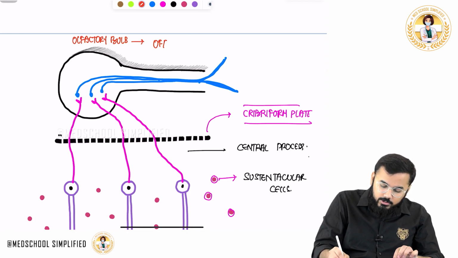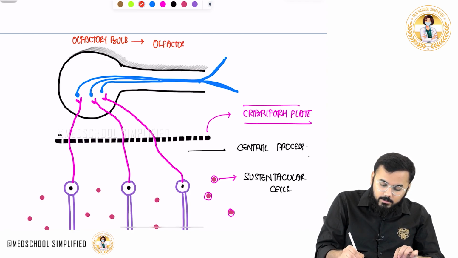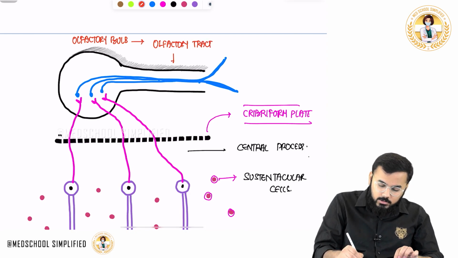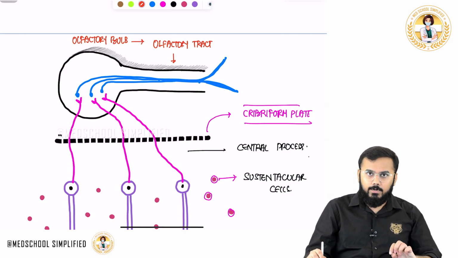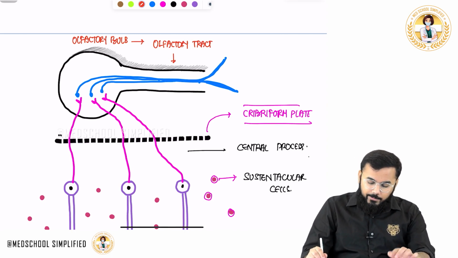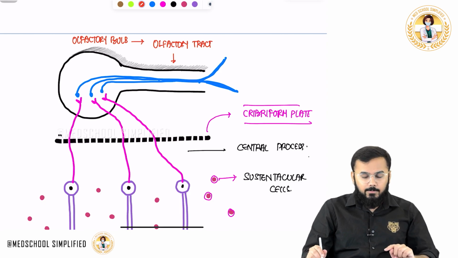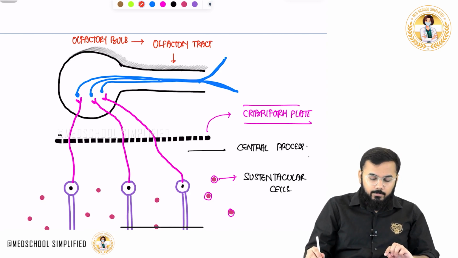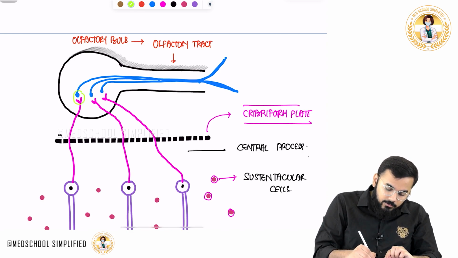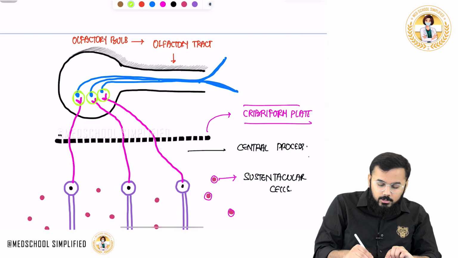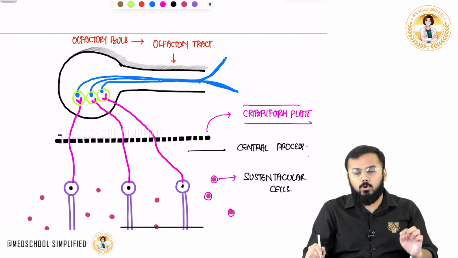Another important structure called the olfactory tract. So this particular one is your olfactory tract: the olfactory bulb and the olfactory tract. Now what is happening over here? The central process is entering the olfactory bulb, and it relays on a specific nucleus, the blue colored neuron over here.